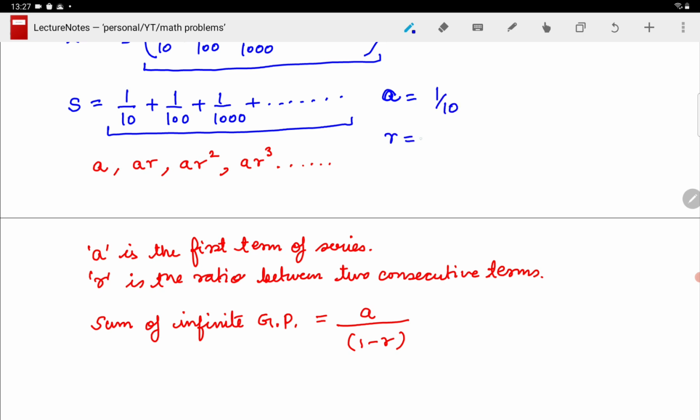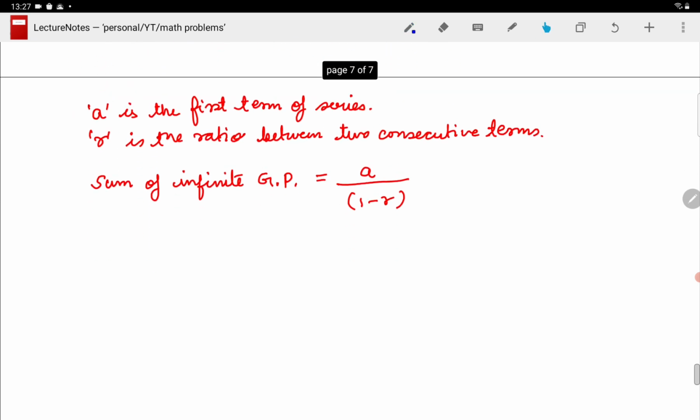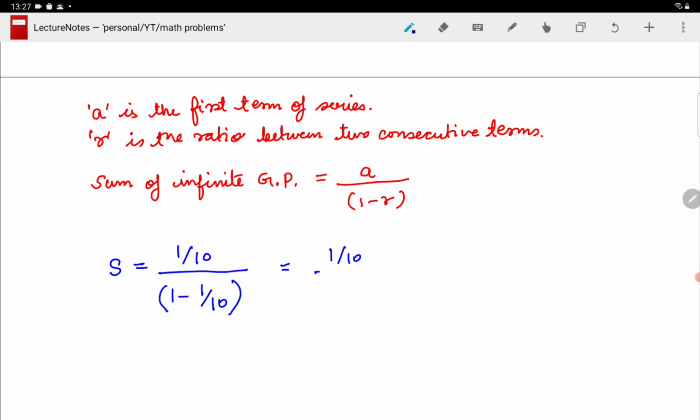The ratio between the terms is again 1 by 10. So the sum of this infinite GP, S, will be equal to A, which was 1 by 10, divided by 1 minus R. R is again 1 by 10. So this becomes 1 by 10 divided by 9 by 10. This gives us 1 upon 9.